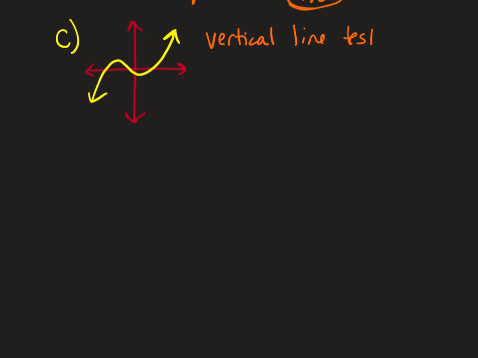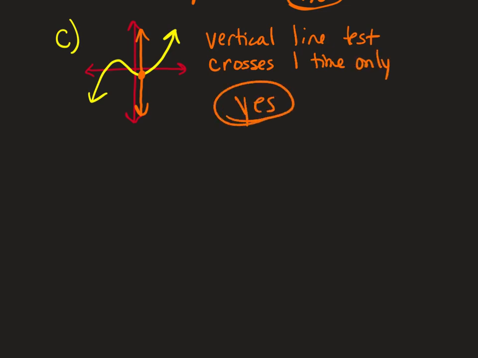Or I could try here. A vertical line crosses one place. I could try here. A vertical line crosses one place. No matter where I draw my vertical line, it crosses one time only. So yes, this is a function.